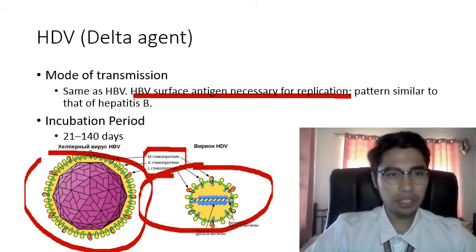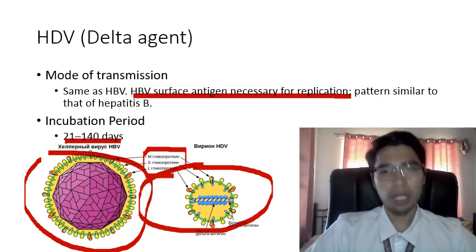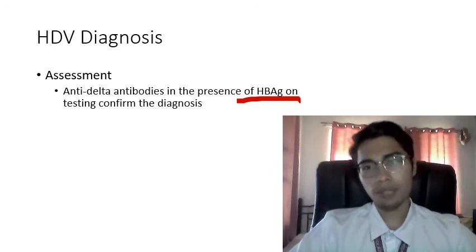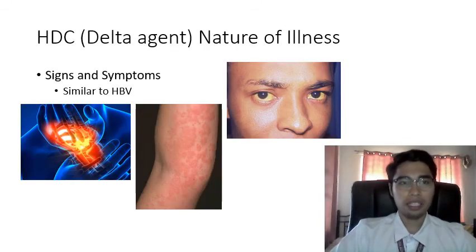The incubation is 3 weeks to months, 21 to 150 days. Assessment: it's usually diagnosed by anti-delta antibodies in the presence of HBsAg on testing, which confirms that you have the delta virus, or HDV, hepatitis D virus.